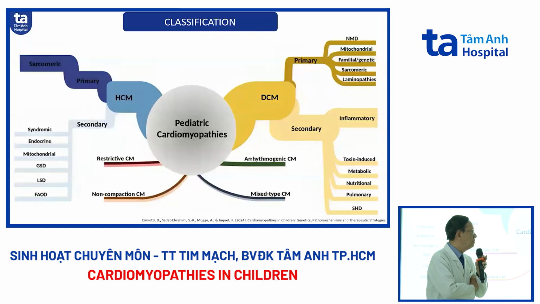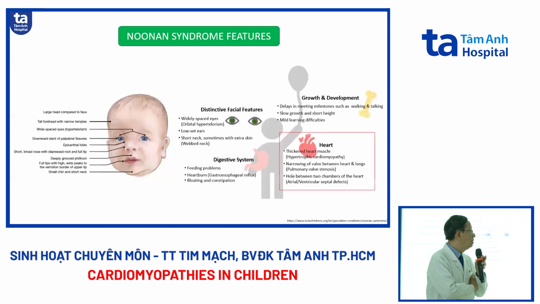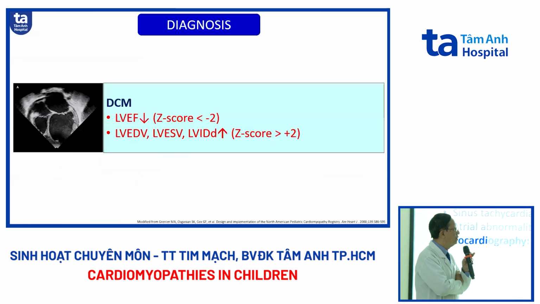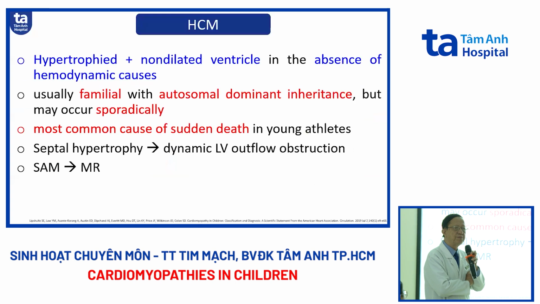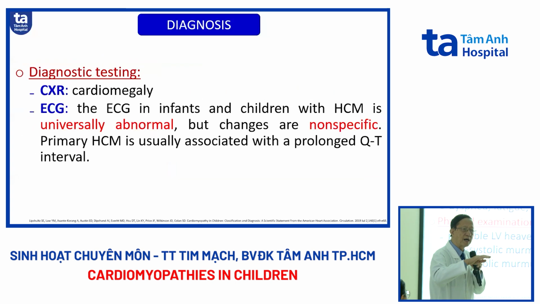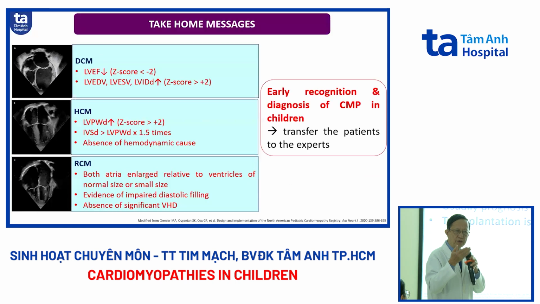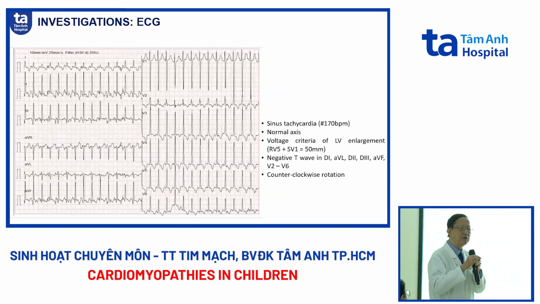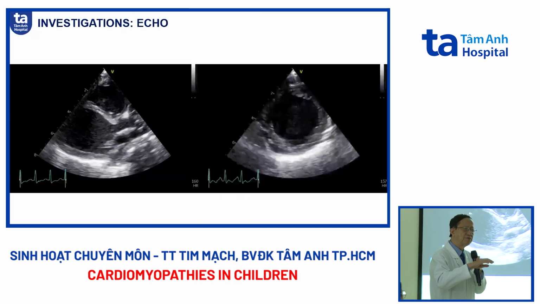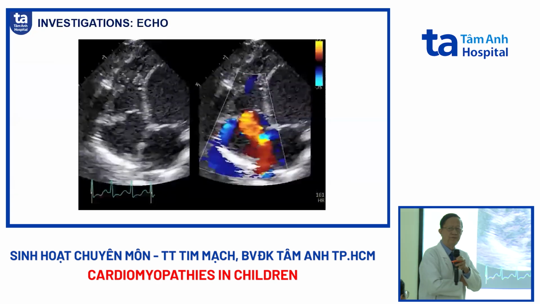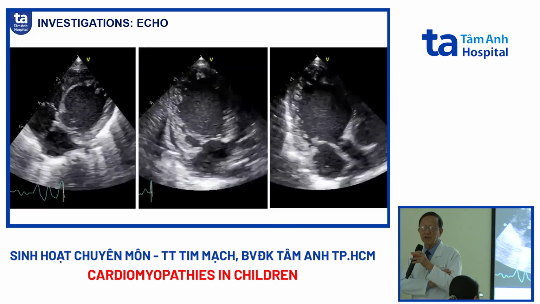In the future, every case, we need to check the gene. We cannot say it's a very rare disease. Because if the gene is positive, we need to check other people in the family. We explain to the patient that we need to do this because it will affect the family, the first, second, third degree generations of the patient. Okay, any question from the audience?